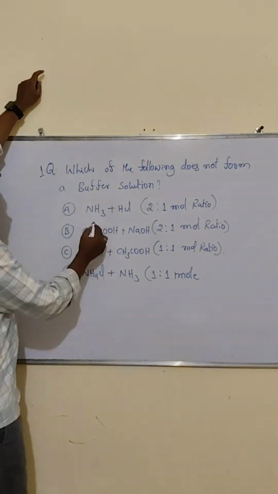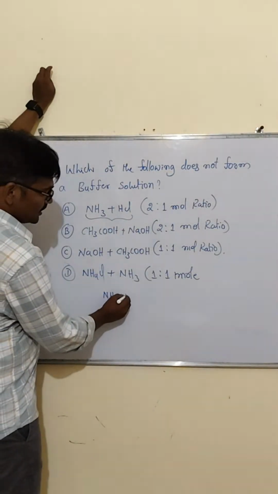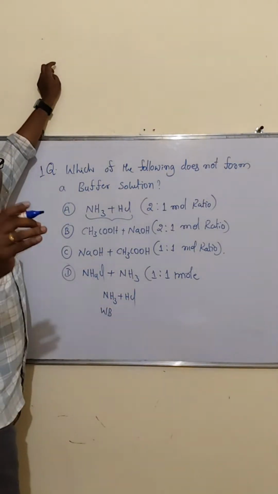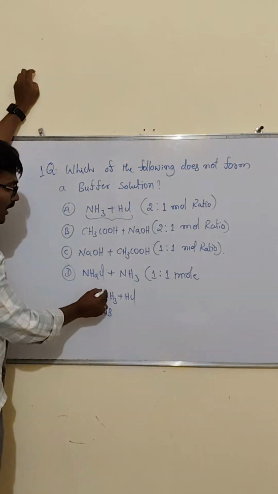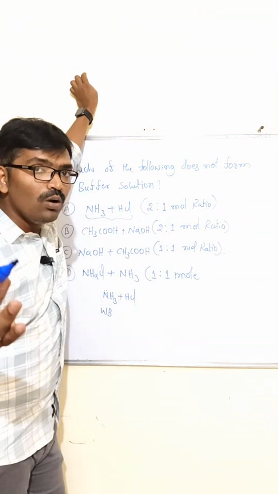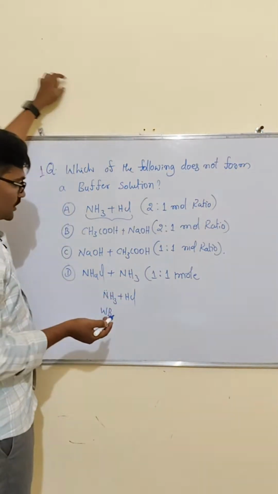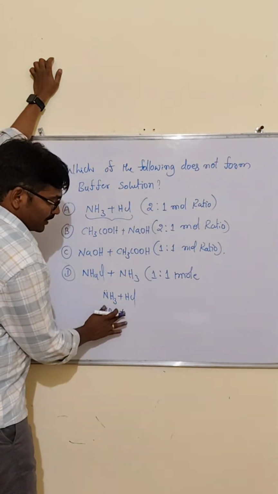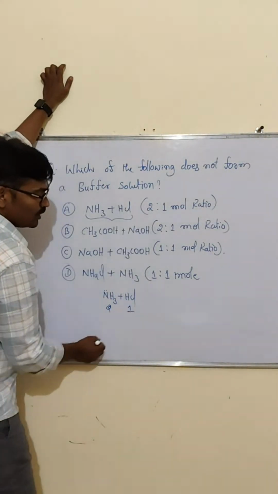Actually, the first case, NH3 plus HCl. Ammonia is a weak base, a Lewis base we call. The lone pair it can donate. Lone pair donor we call Lewis base, lone pair acceptor we call Lewis acid. When this Lewis base is treated with HCl, here ammonia is given 2 moles and HCl 1 mole.